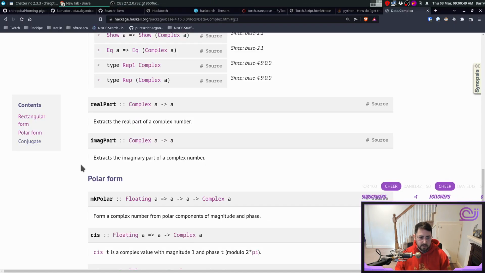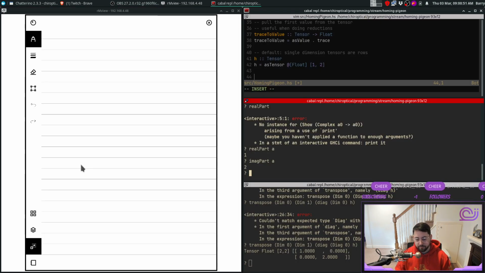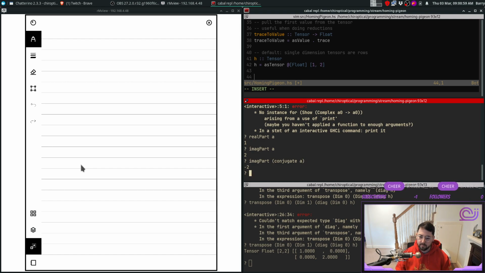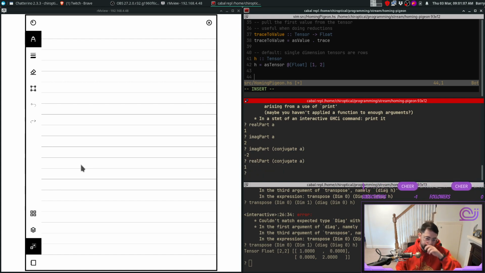Okay, so good. And then if we take the conjugate of A, and then we look at the imaginary part, it should be negative. Right? And yeah, we could draw it on a plane. I haven't thought about that in a while. So on a plane, let's draw like this.